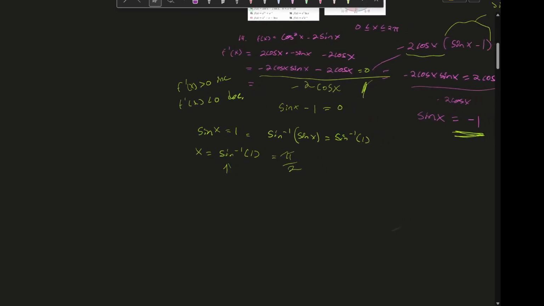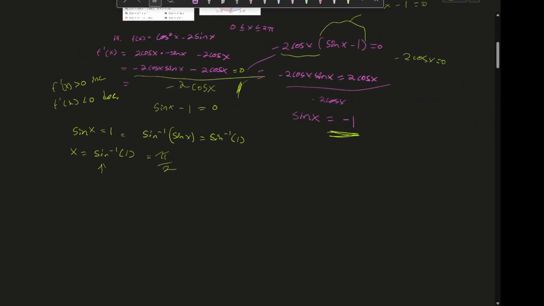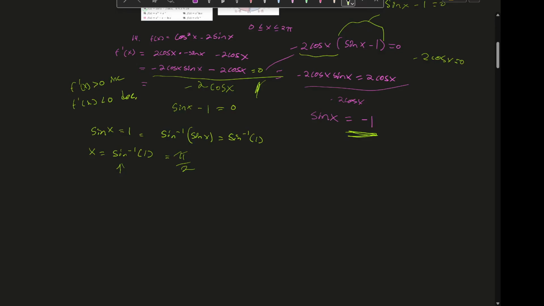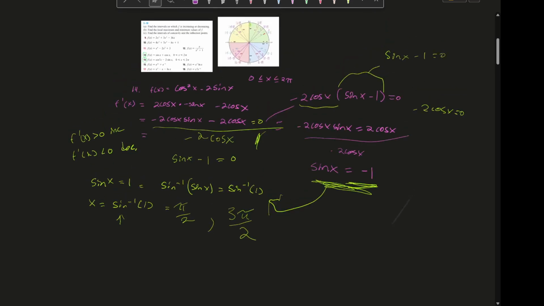So then you're gonna have that critical point of pi over 2, and then this one, the sine x is equal to -1, following the same logic of inverse sine, looking at your unit circle. That's giving you a critical point of, well, it would be negative pi over 2, but if you want to keep it all positive, it's 3 pi over 2. That's just your negative y-axis.